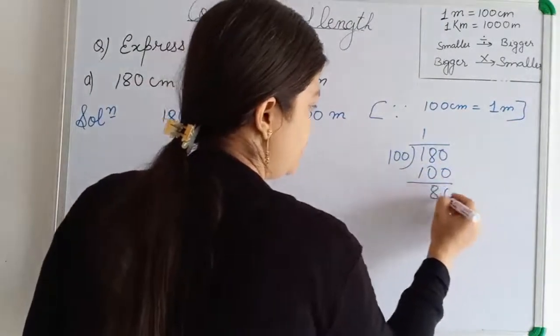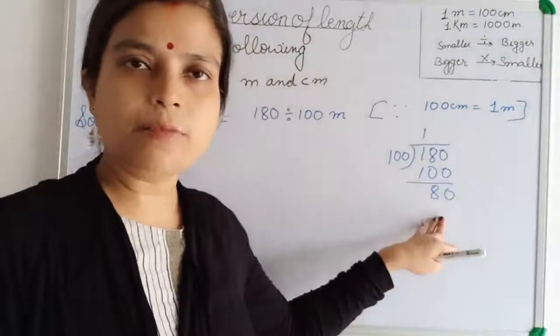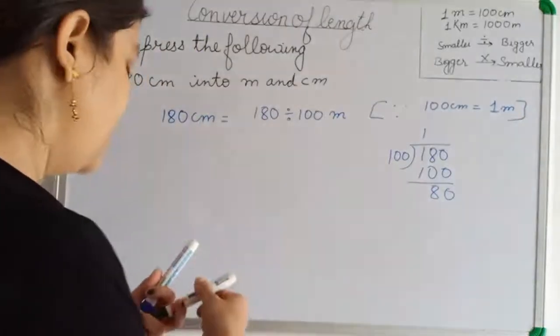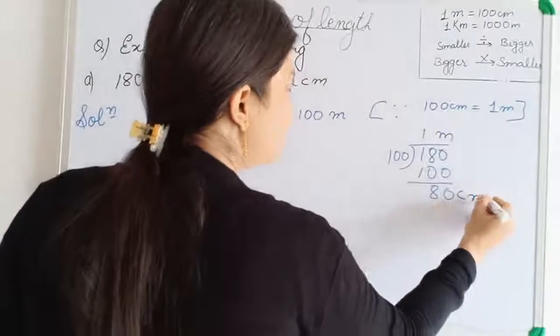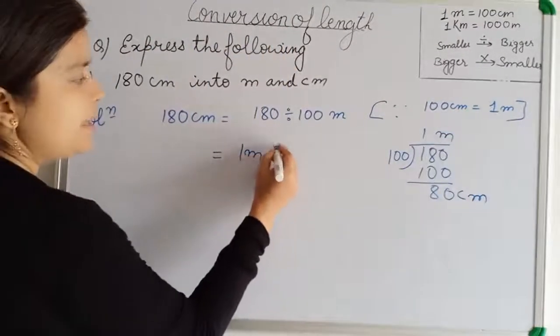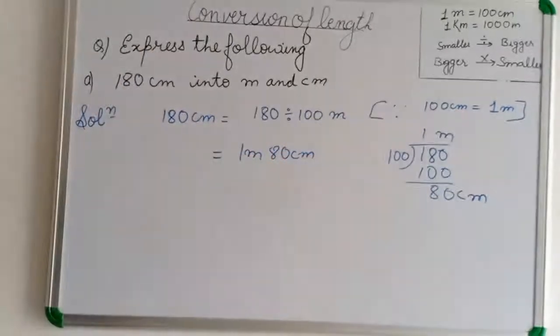Now 80 is the remainder. We can't divide 80 by 100 because 80 is smaller than 100. So the quotient is 1, which we write as meter, and the remainder is centimeter. So it will be 1 meter 80 centimeter. One way is like this.